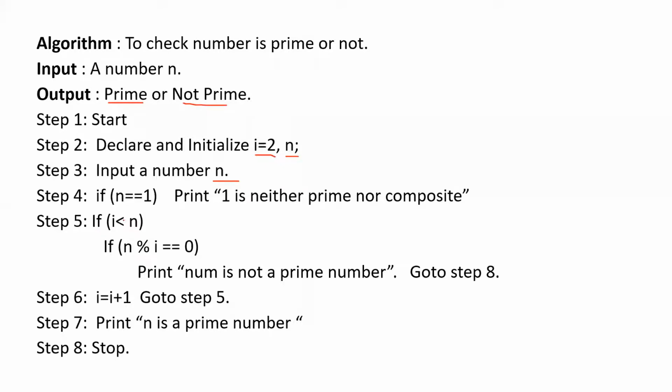There is no error if you are giving equal to n also, but we are wasting one iteration. Got it? If you start with I equal to 1, the logic we have to change. That's the problem. Here we are checking if any number other than 1 and the same number is a factor of the number entered, then it is not a prime, right?